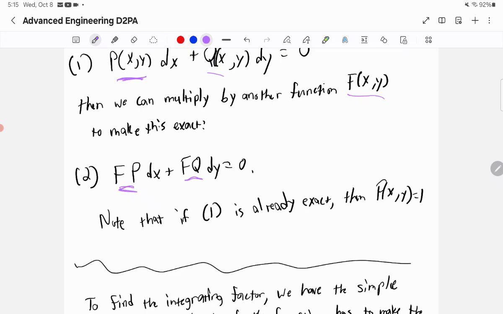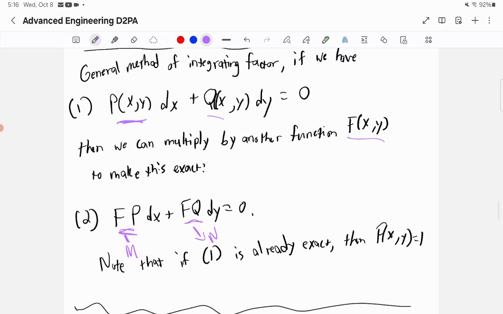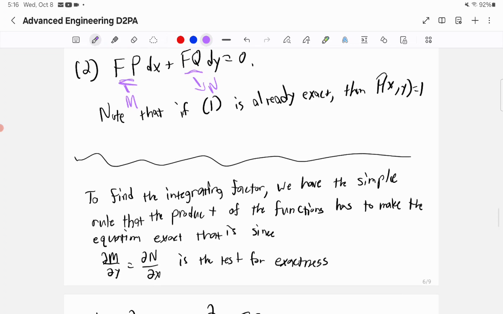But f times P becomes my M, and f times Q becomes my N, right? So now we're looking for this function that we can multiply times both of these terms, the P and the Q terms, such that it turns it into an exact equation.